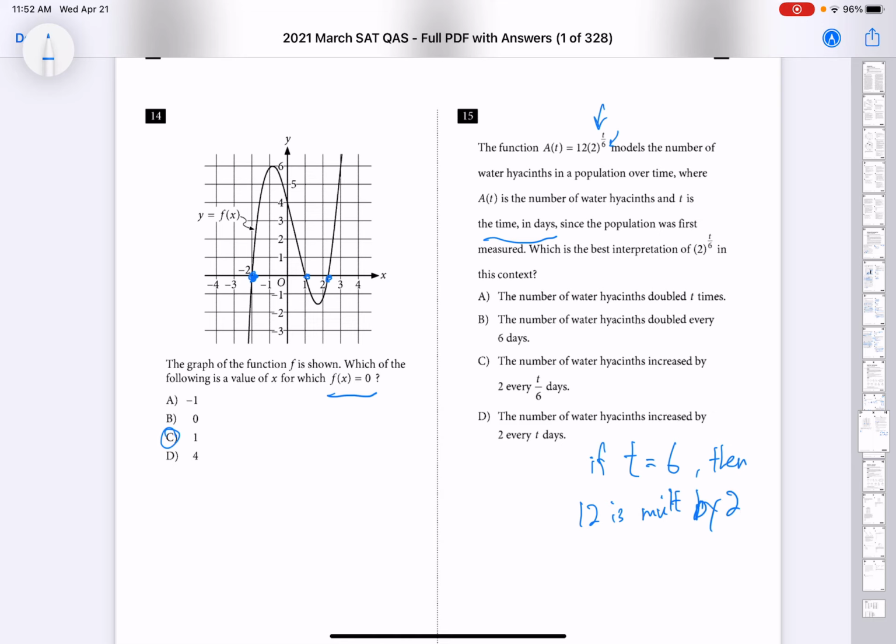When you're multiplying by 2, you're doubling. And they're saying that this will double whenever t is equal to 6 or some multiple of 6. So when t is equal to 6, it's going to multiply by 2. When t is equal to 12, it's going to multiply by 2 twice. So in this context, it means that every time you pass 6 days, it's going to double. So the answer for 15 is B.